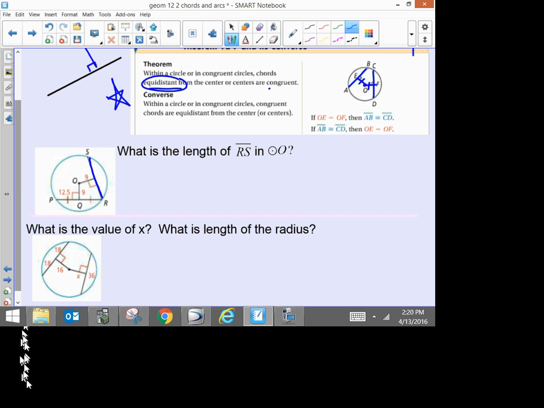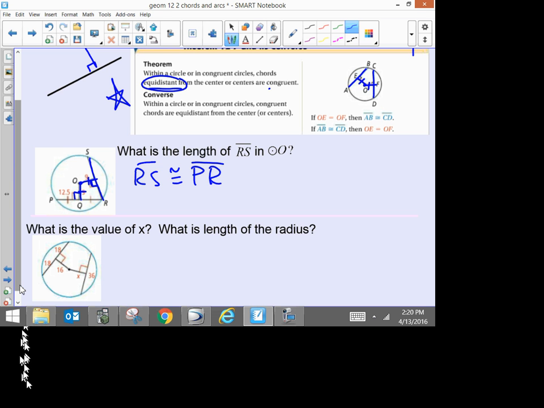Here's RS. Now, first you're going to look for a distance from this point to this line that's marked 9. There's a distance, see the perpendicular, from this point to this line that's marked 9. That means they're equal, right? Because they're both 9. So if this chord and this chord are equidistant, what do we know about RS? RS is congruent to PR.